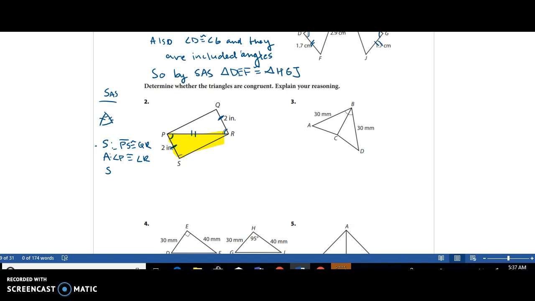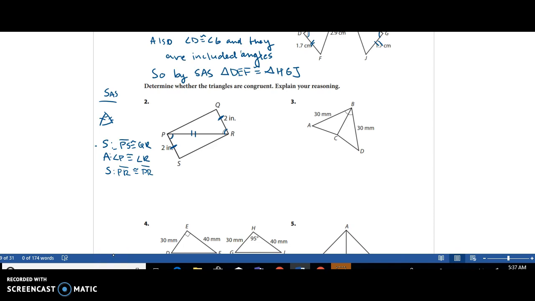So if it gave us angle S is congruent to angle Q, that would not be SAS. Okay, so keep that in mind. And then the next one, side PR is congruent to side PR, which is obvious. It's the exact same side.